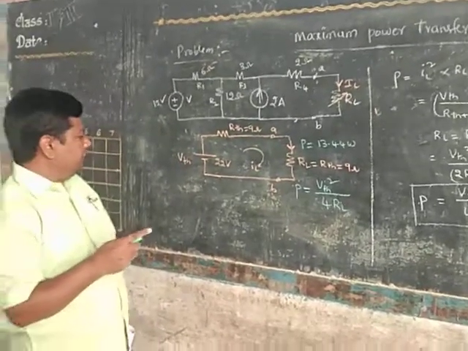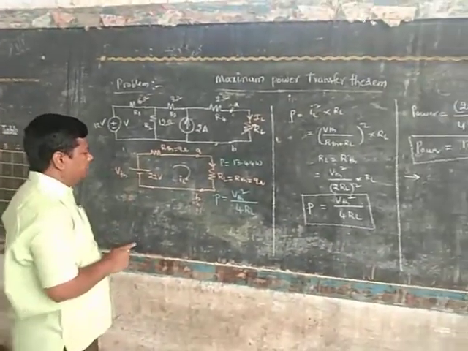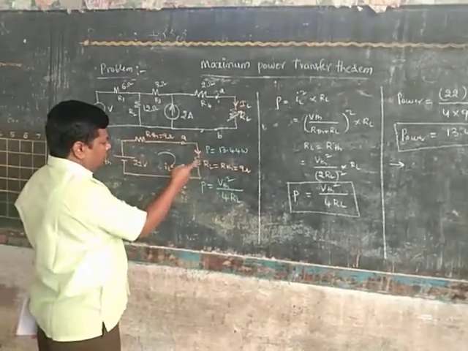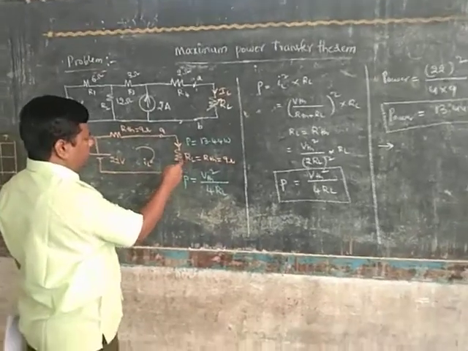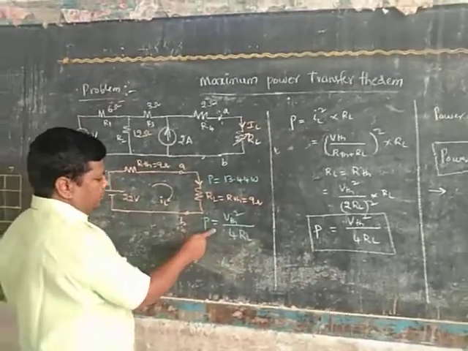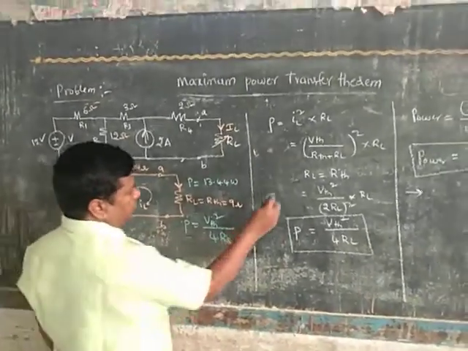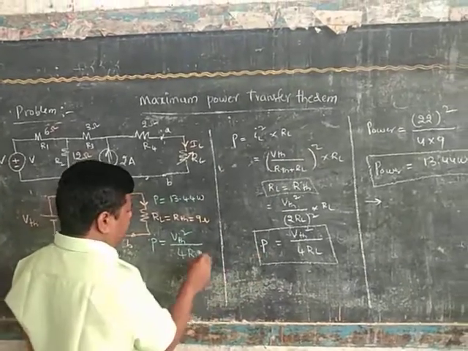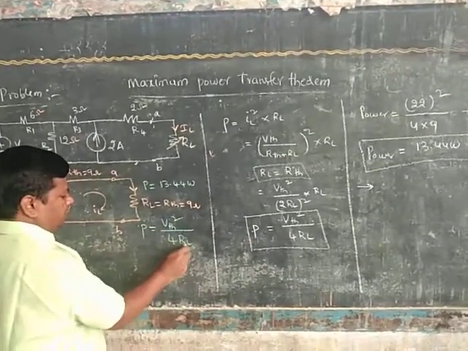Then after finding the V Thevenin and R Thevenin, in this circuit either calculate IL. Once you know the IL, power is equal to IL square into RL, or otherwise, whenever the load is equal to Thevenin, power P is equal to V Thevenin whole square by 4RL.